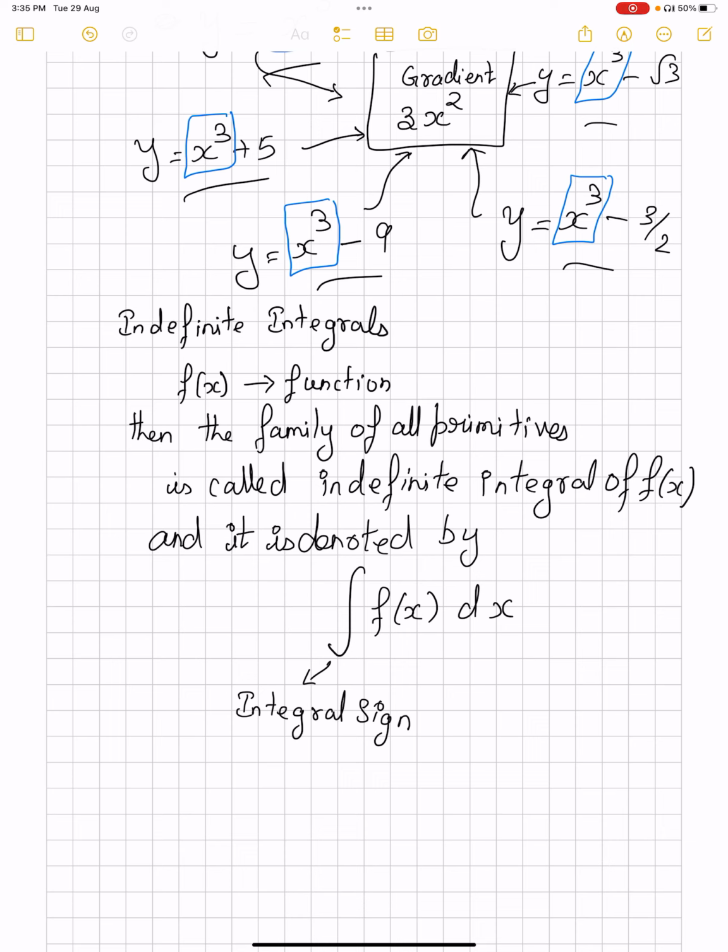He considered it as a sum of infinitesimals, an infinite sum of rectangles of infinitesimal width.